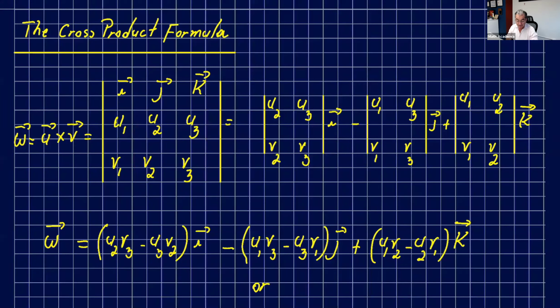Minus, if you use a cofactor, you can say plus (-1) to the power of 1 plus 2, but you can just remember it's just minus. And of course, the component of j is the determinant of this matrix, and plus again, and the component of k is the determinant of that matrix. So that's a simple way to remember without memorizing the formula.